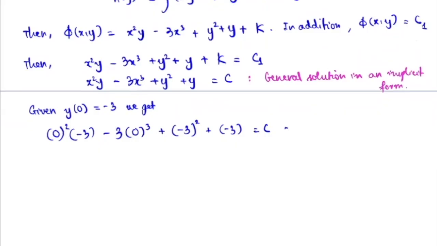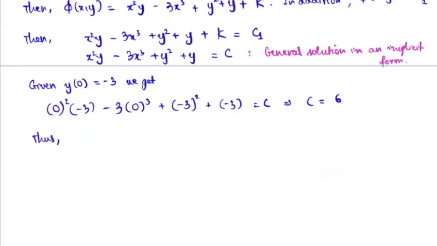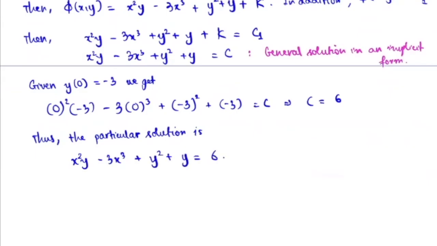And if we do the calculations correctly, you get c equal to 6. Thus, the particular solution is x squared y minus 3x cubed plus y squared plus y equal to 6. Right, so that is the particular solution.